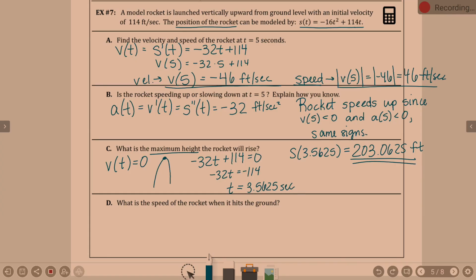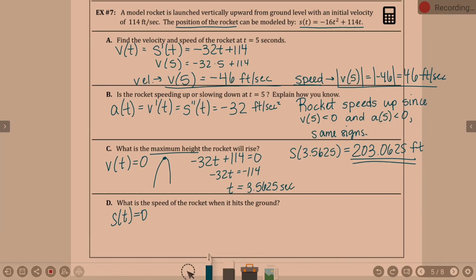I looked at what do we know when the rocket hits the ground? Besides the fact the velocity is going to go to 0 here momentarily, what's the height of the rocket? 0. So officially you're looking at it as setting the position equal to 0. Okay.